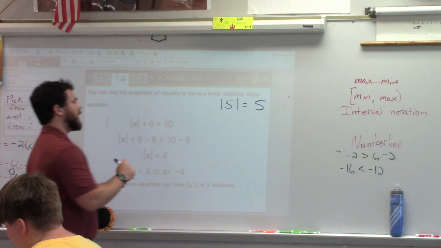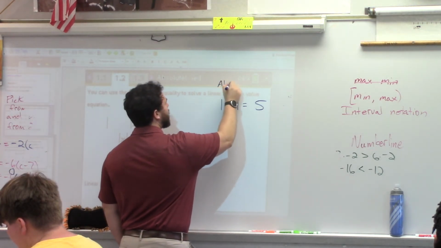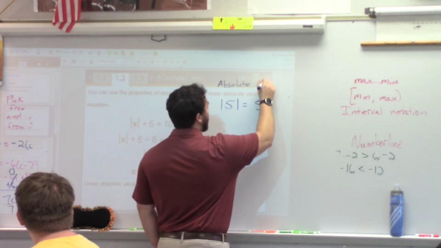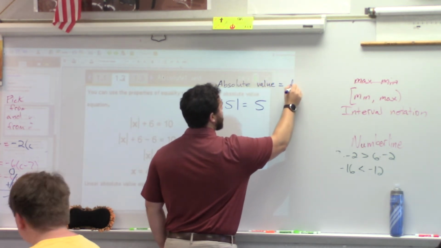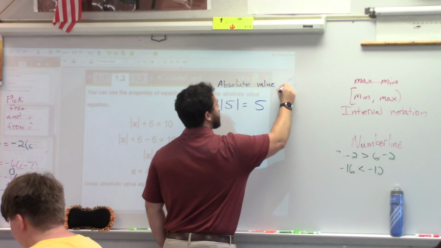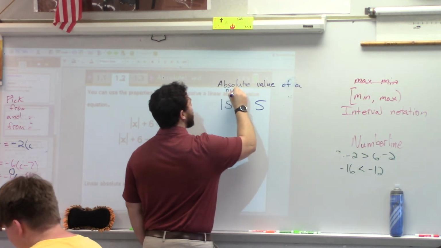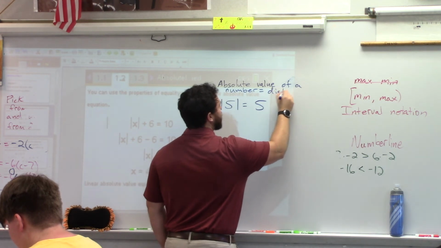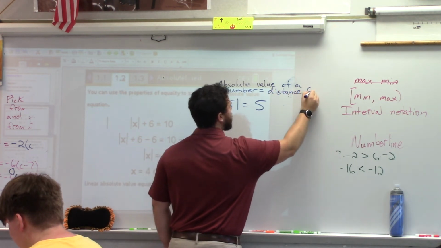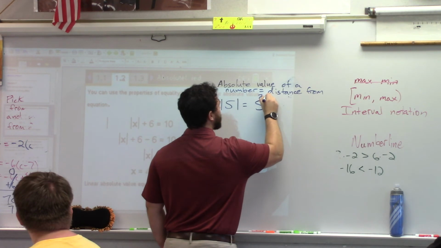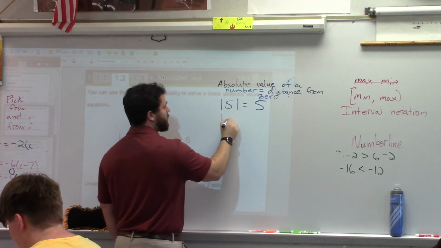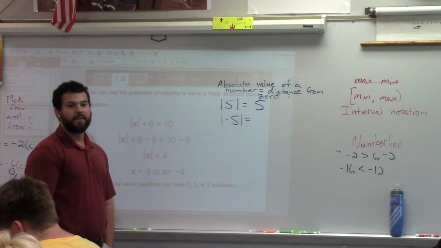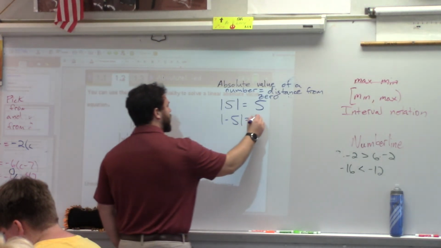I'm going to clarify that because that's different from when there's variables involved. Which means that the absolute value of negative 5 is also what? How far is negative 5 from 0? It's 5.